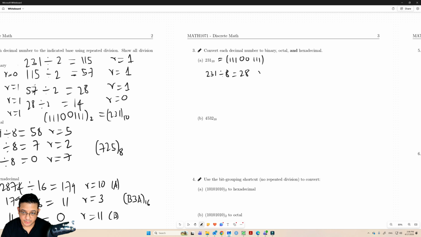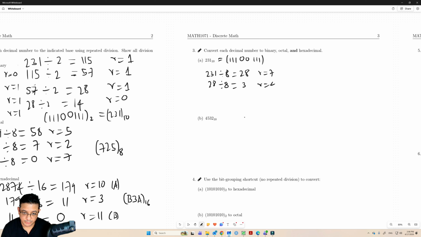So the remainder to get to 231 will be 7. Then I'll take 28 divided by 8, and that's going to be 3, and so the remainder will be 4.